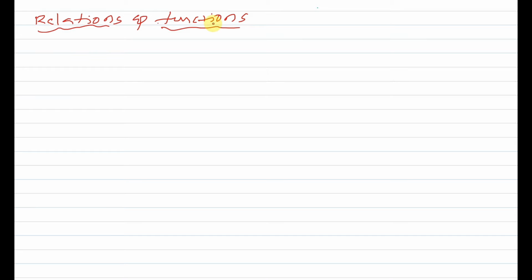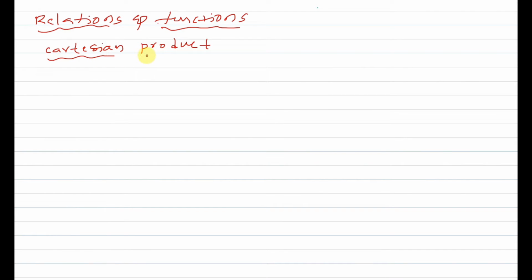To discuss relations and functions, first we have to know relations. To know relations, first we have to know the main and important topic, that is called Cartesian product. First I want to discuss Cartesian product, then I want to discuss relations.